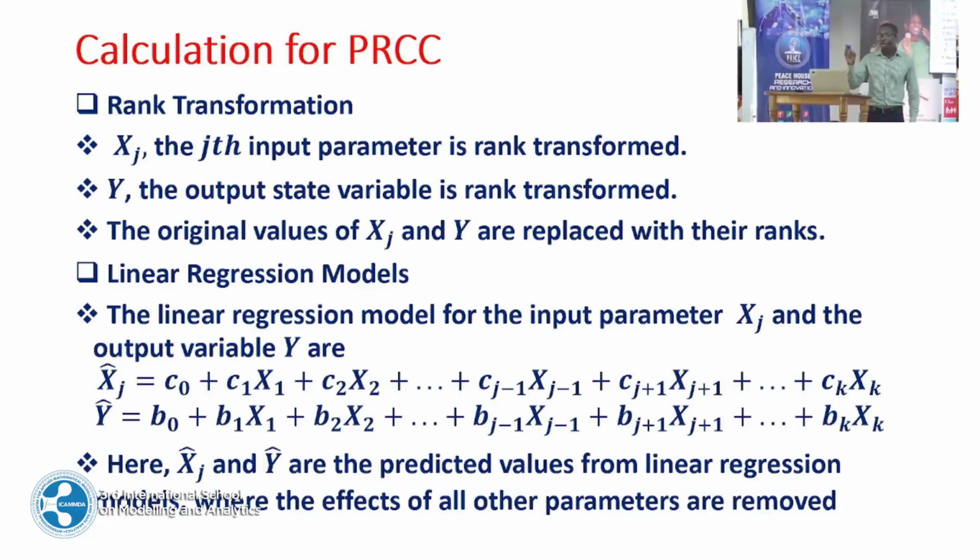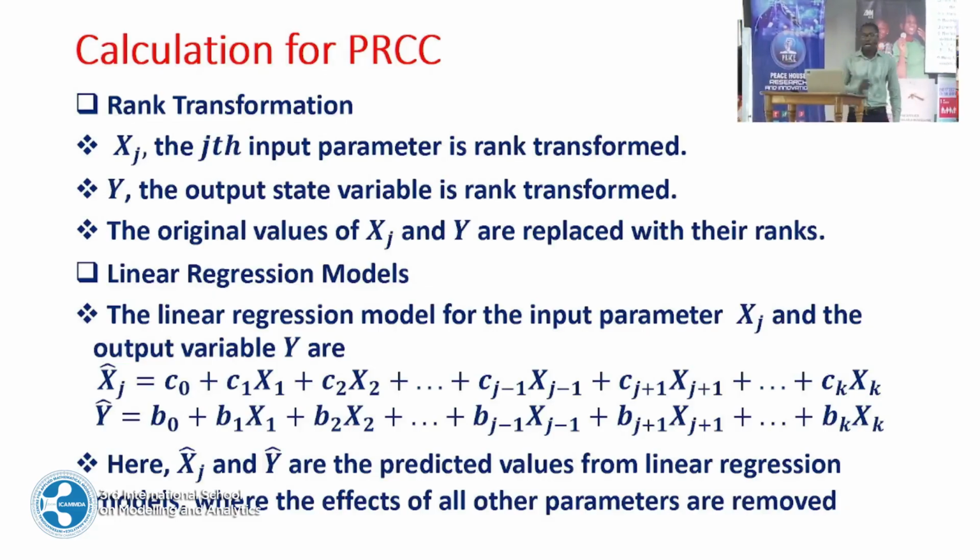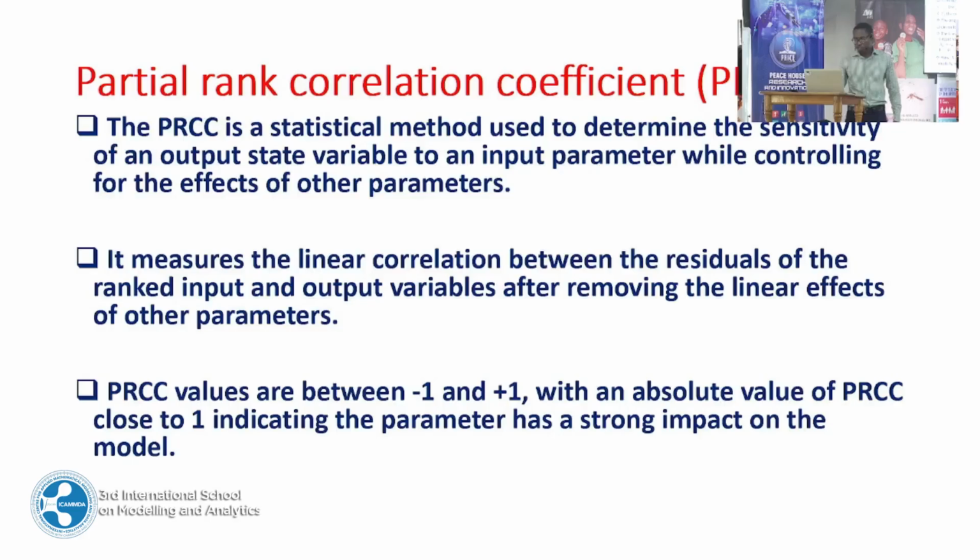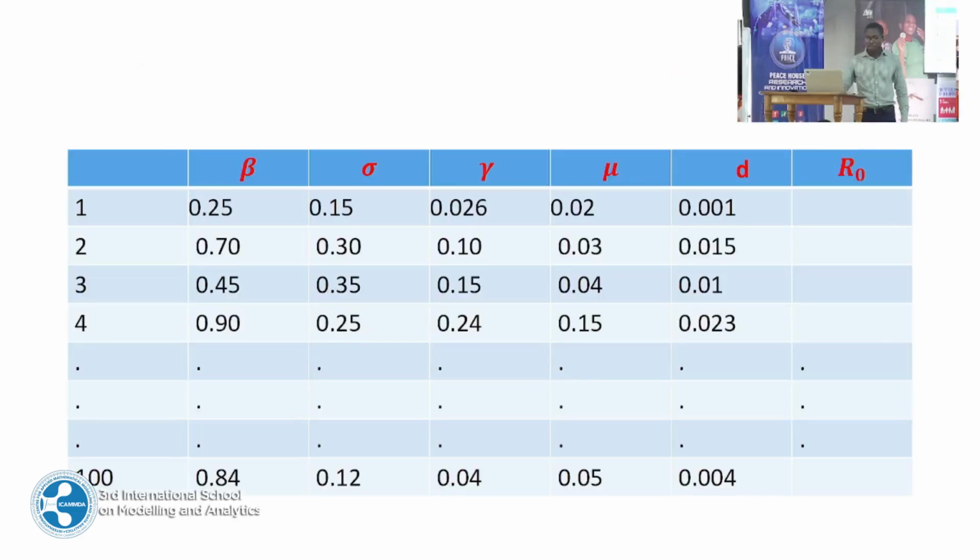So you now rank transform. We carry out rank transformation. XJ, the input parameter, is rank transformed, while the output state variable is also rank transformed. So what we do is, let's go back to this guy. We rank transform all these, also rank transform this, everything up to R naught.